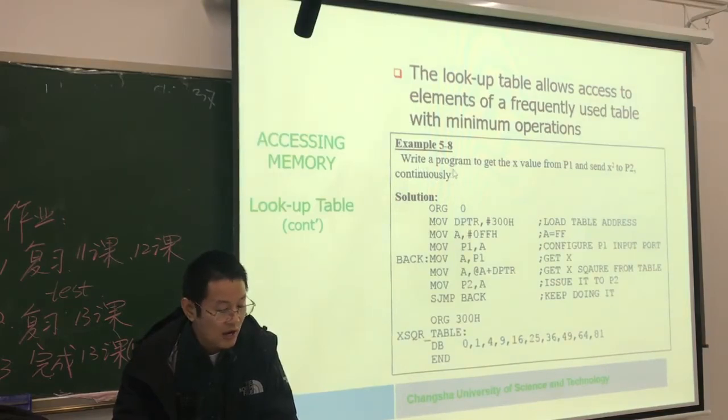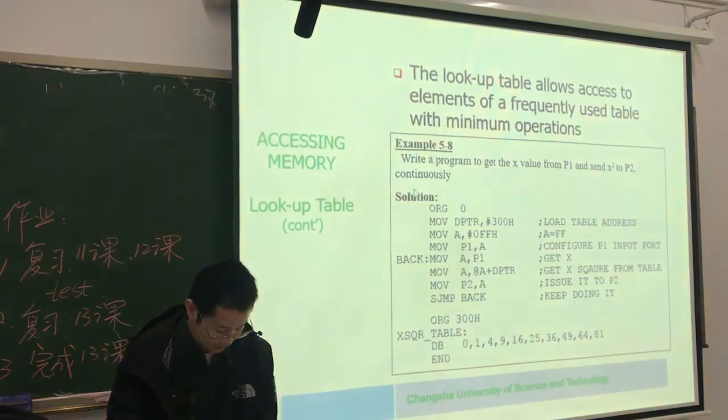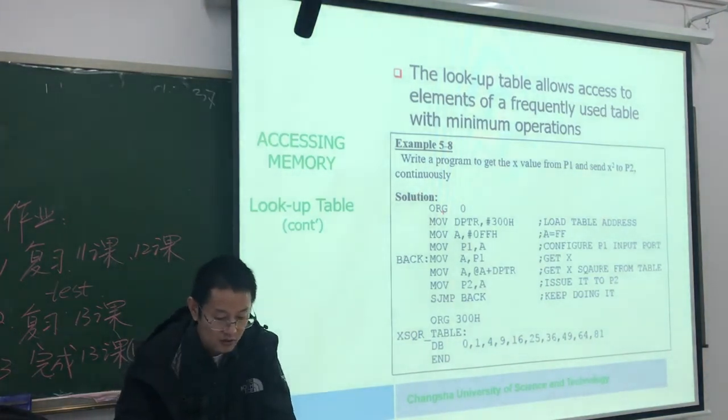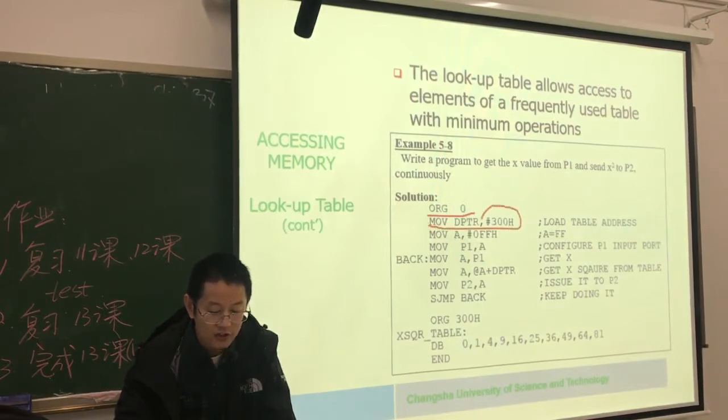For example, write a program to get the x value from P1 and send x square to P2. Solution. ORG 0, start your program from 0. This gets the address of the table. MOV A, #0FFH.